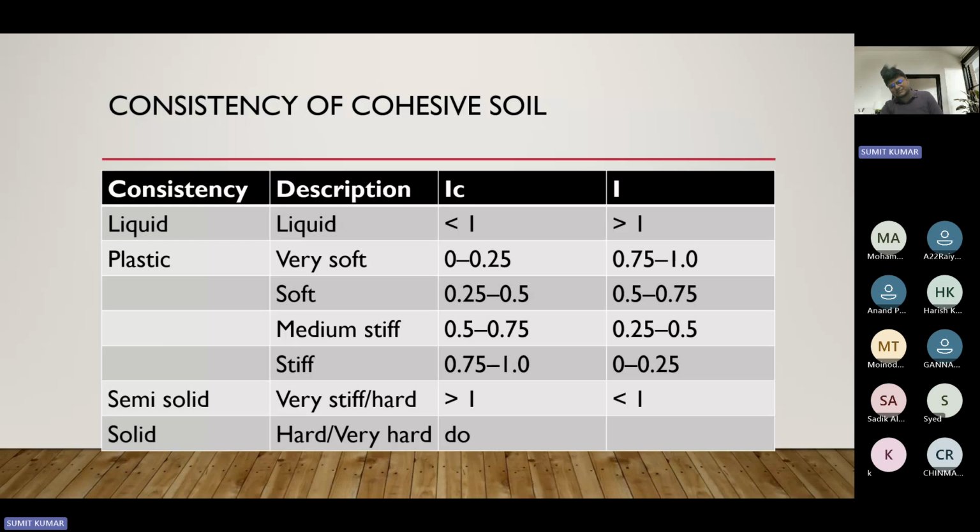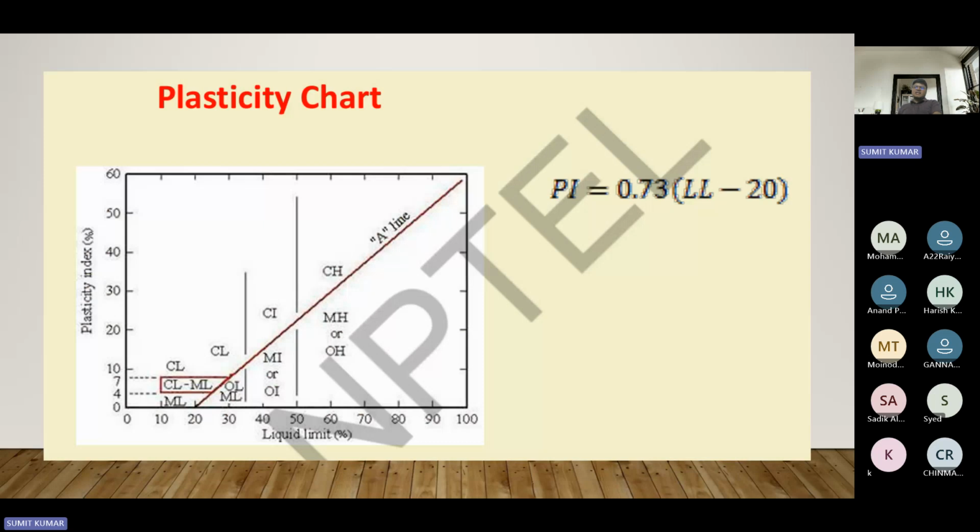That's right. Now this chart becomes very important. I have said earlier also that the plasticity index equals 0.73 into (liquid limit minus 20), which is the A-line interrelation. On the basis of this chart only we can classify the soil, specifically the fine soil.